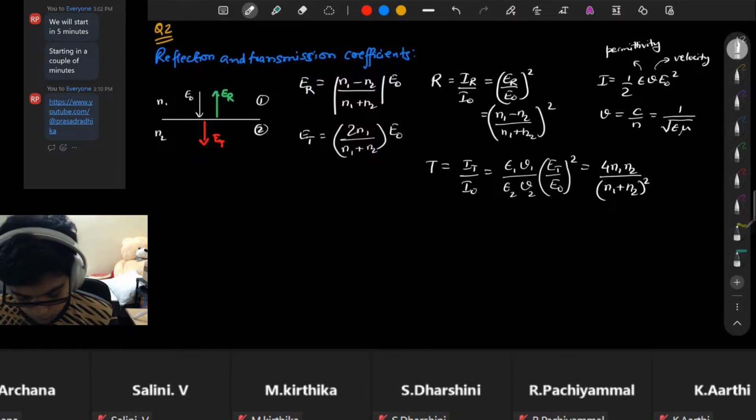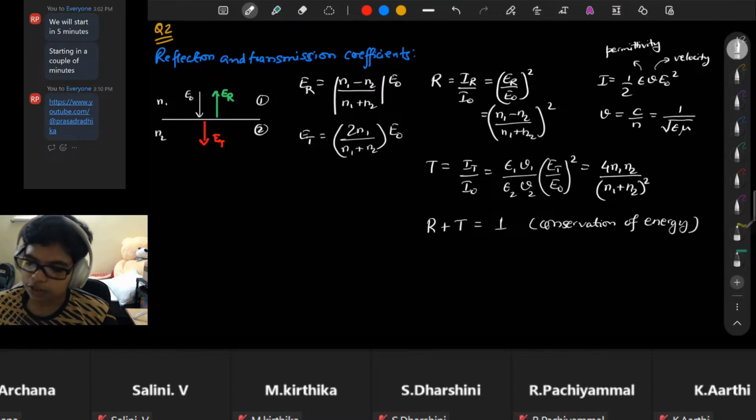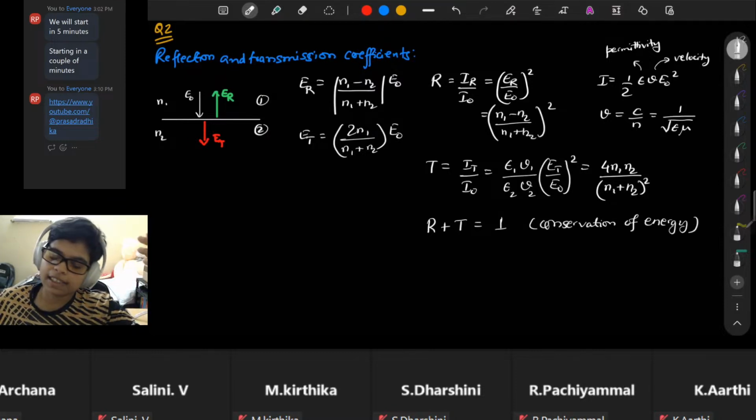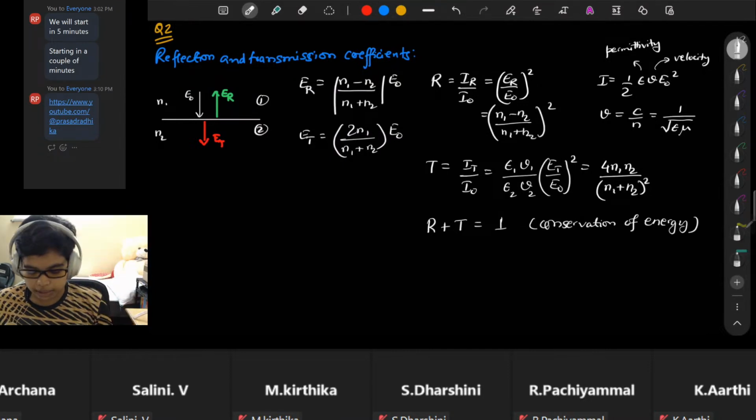Okay, and one important thing, you note that if you do R plus T, you get 1, which it should be based on conservation of energy. So the intensity of the incident beam would be the sum total of the reflected beam plus the transmitted beam.